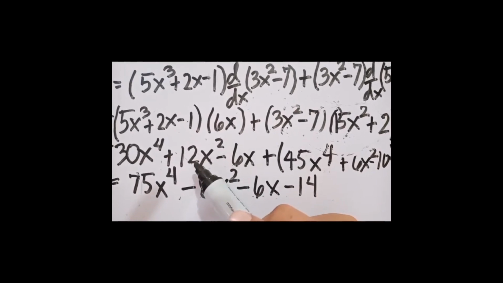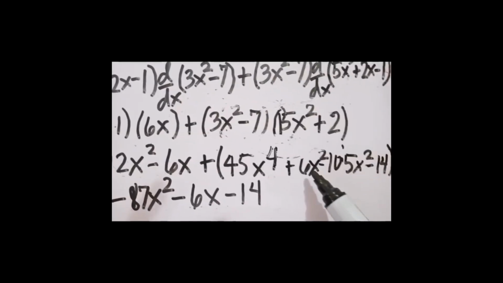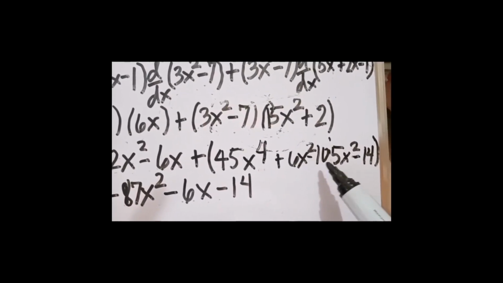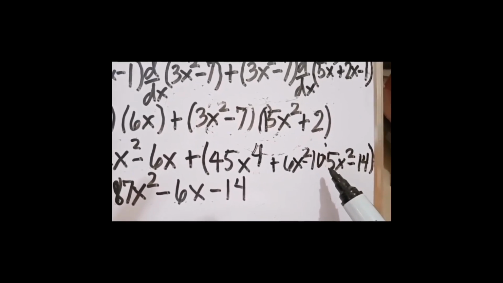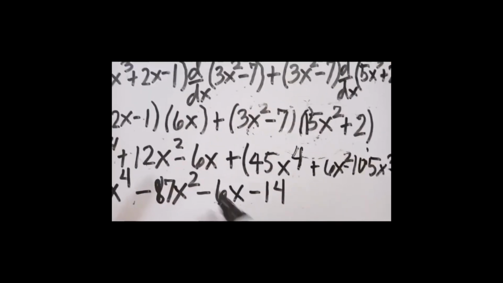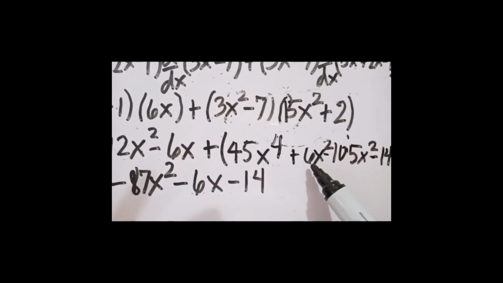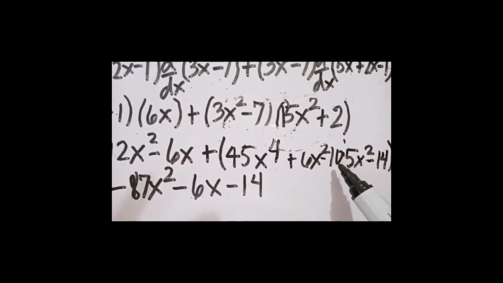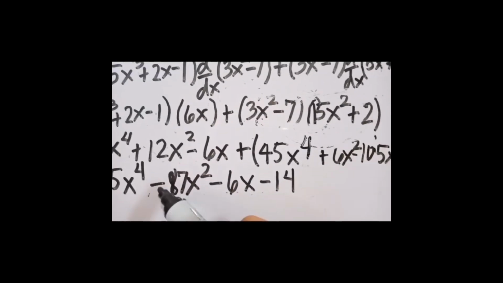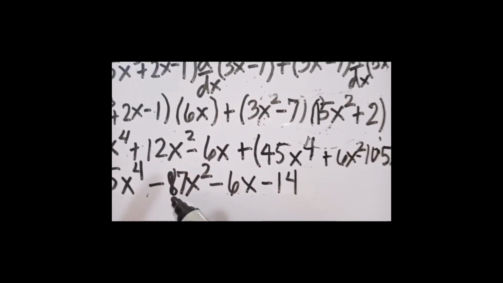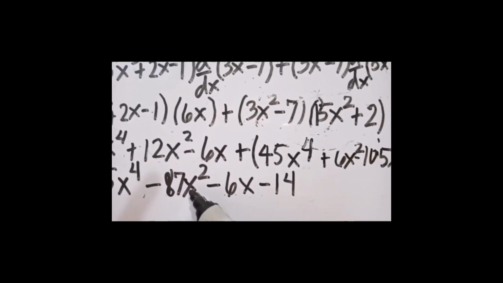We have 12x squared, 6x squared, negative 105x squared. Now, the sum is 12 and 6 is 18. Then negative 105, that will be a negative 87x squared.